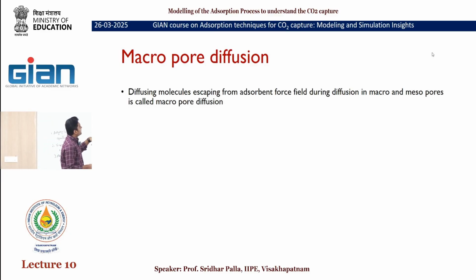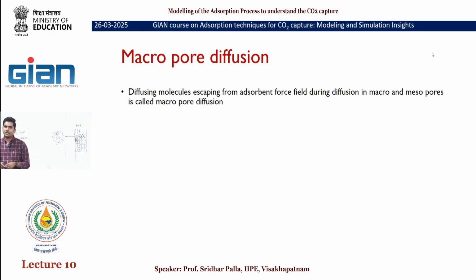The diffusion of molecules escaping from the adsorbent force field during diffusion in macro and mesopores is called macropore diffusion. Macropore means, do you know the size of the macropores? Anyone? Yes, greater than 50 nanometer. If it lies between 2 to 50 nanometer, we call it meso.